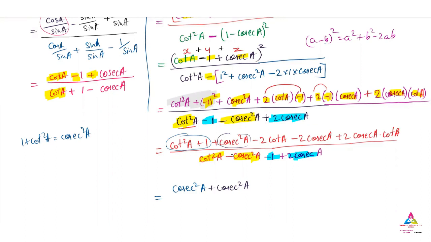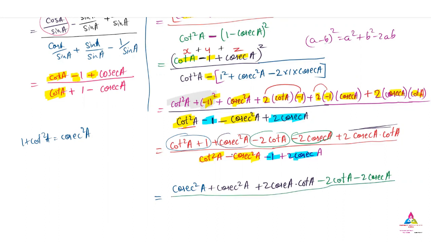So the last term we have, 2 cosecant A cot A, I will write down here, plus 2 cosecant A into cot A. And I will write this minus 2 cot A, because both the sides have minus sign, so I will write both on one side, minus 2 cosecant A. Okay, so I have grouped it in such a way that the next time when I am taking the common, it will be easier for me to solve. For that purpose I have taken the below one.